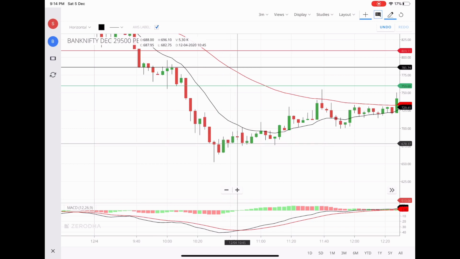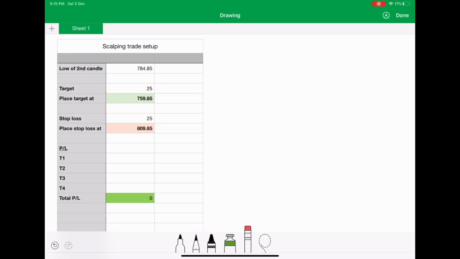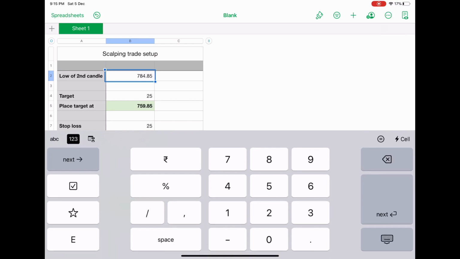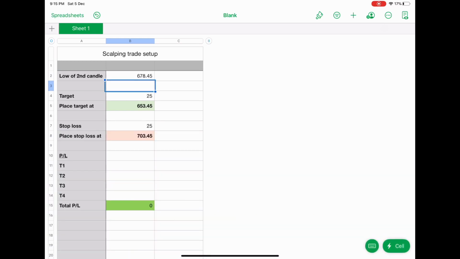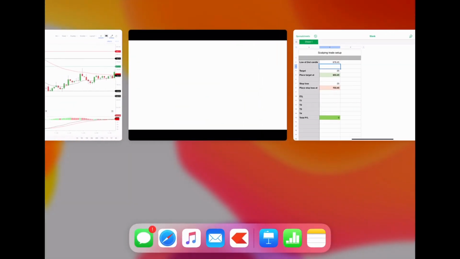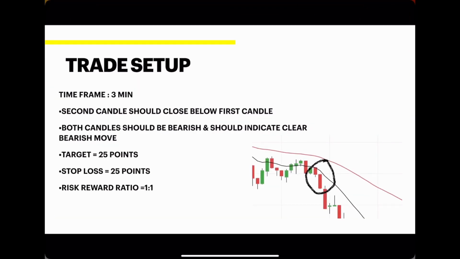Let's mark the low of the candle, and the low of the candle is 678.45. The target will be 653.45 and the stop loss will be 703.45.